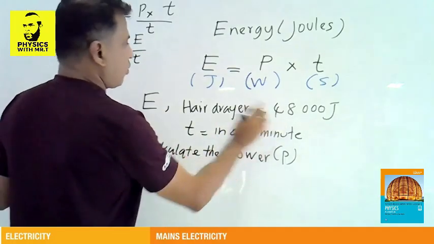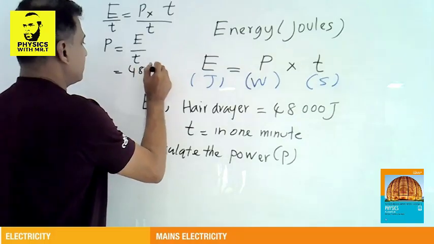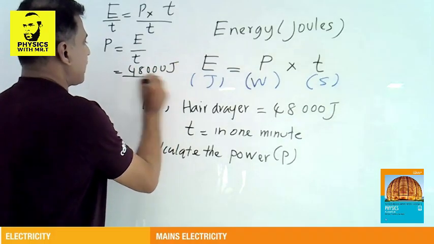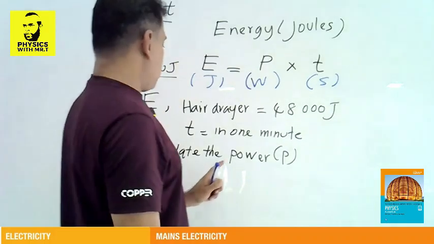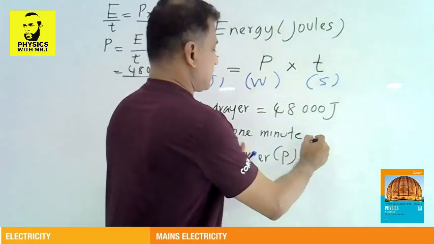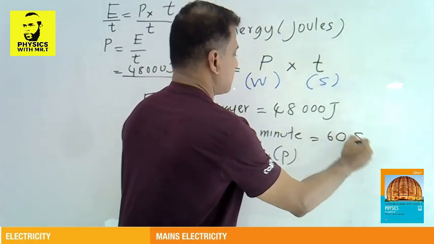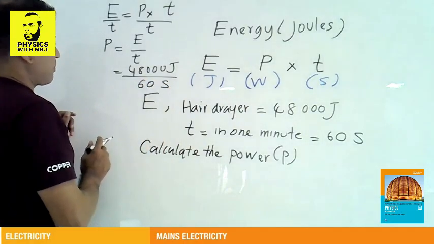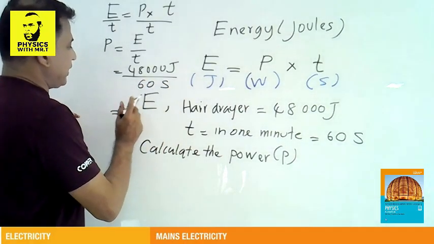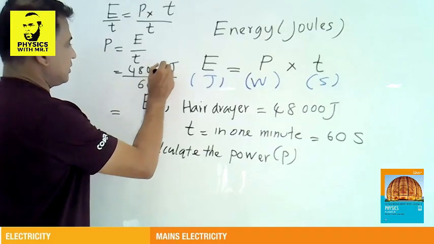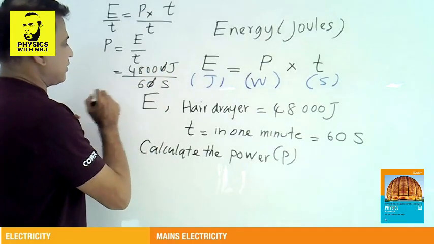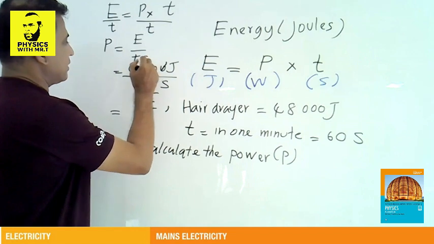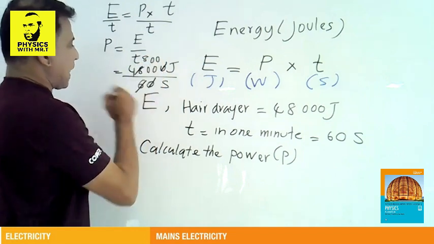So energy is 48,000 joules. Time is 1 minute. So 1 minute is 60 seconds. Right? So then I'm going to calculate this. 6 times 8, 800.